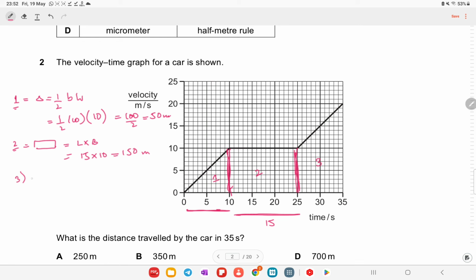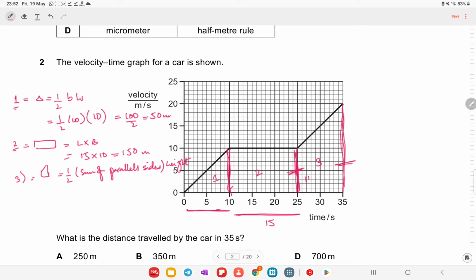And the third shape is a trapezium. Okay, so the formula for a trapezium is 1/2 sum of parallel sides times height. So let's put the values. Over here the parallel sides are this and this.